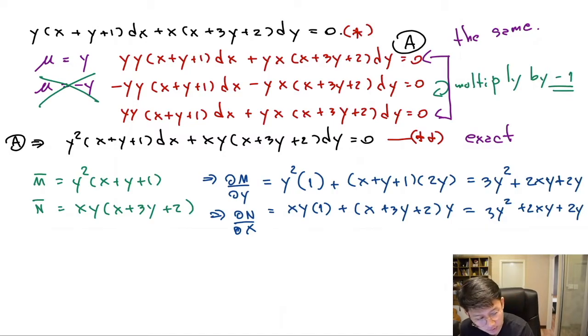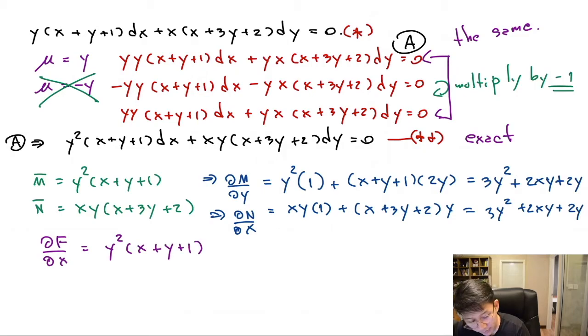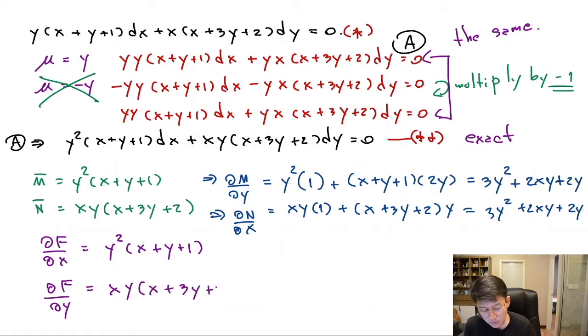So again, you can begin with df by dx equals y squared(x + y + 1), or you can begin with df by dy equals xy(x + 3y + 2). For this case either is fine, they are easy.